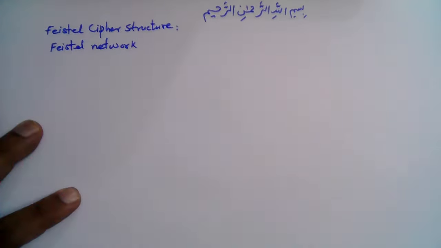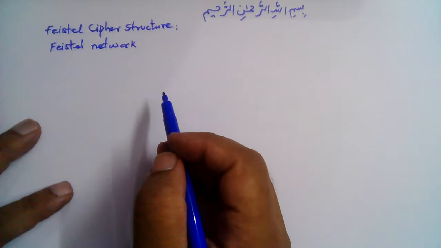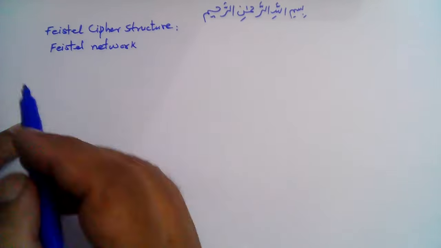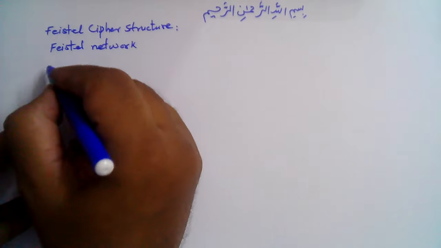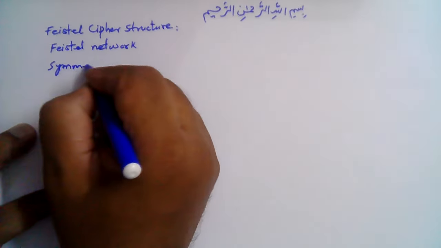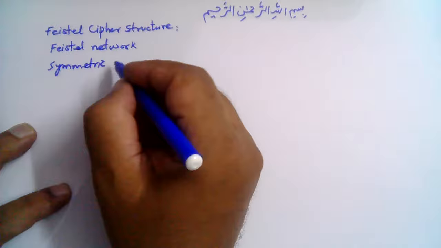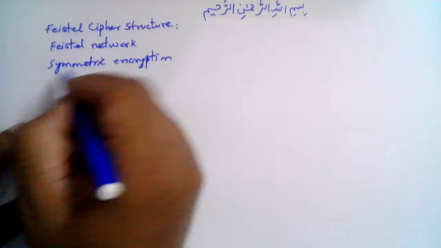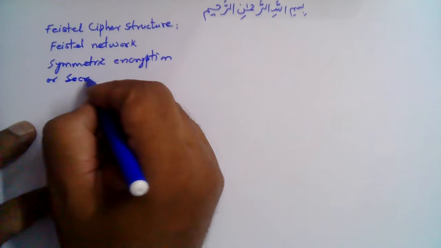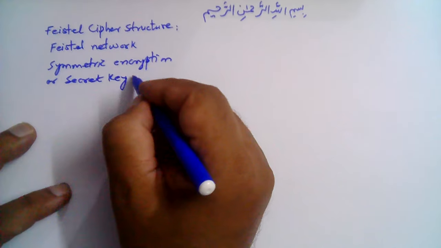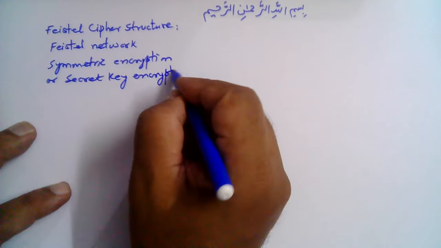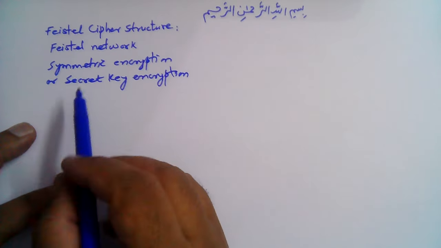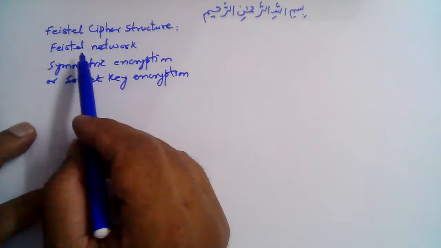The Feistel cipher structure or Feistel network is a building block of symmetric key encryption algorithms or secret key encryption algorithms, right? So this is a building block. That is why it is called Feistel cipher structure or Feistel network.